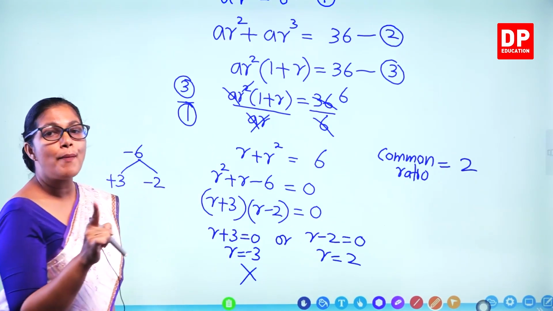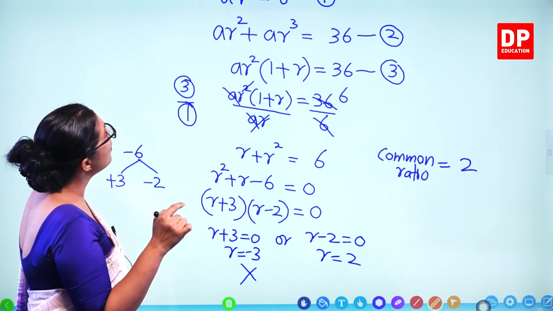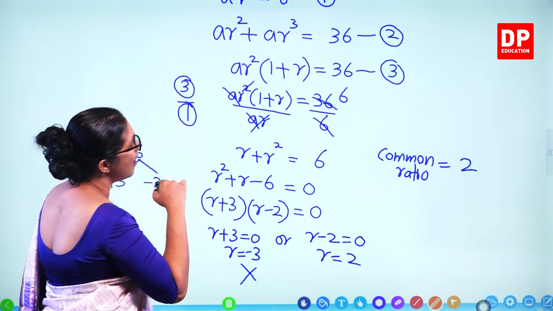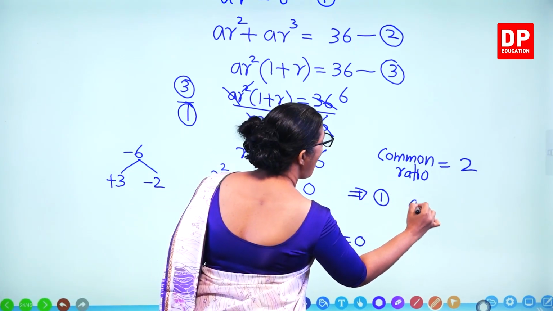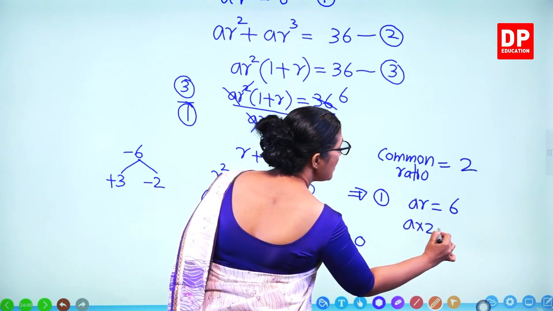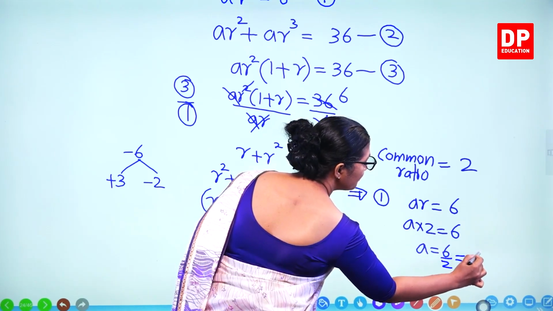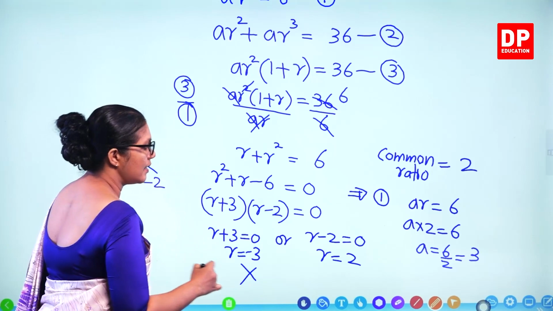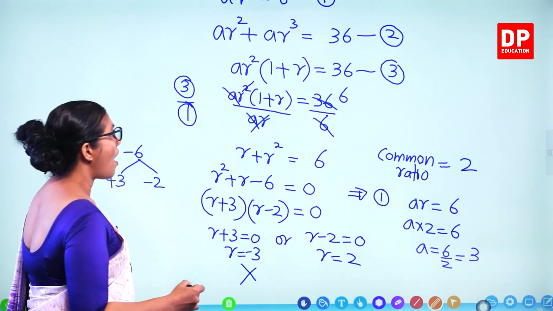Now we know the common ratio. What's the first term? You can use one of the equations. From the first equation, ar equals 6. a into 2 is 6. So what is a? 6 divided by 2. That's 3. So we found the values of a and r.